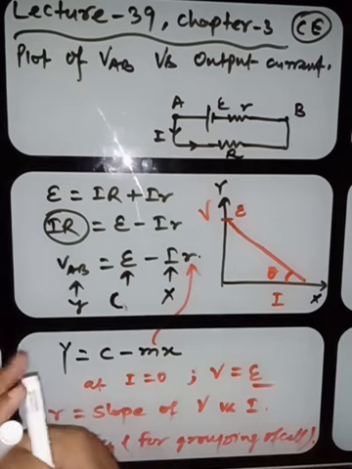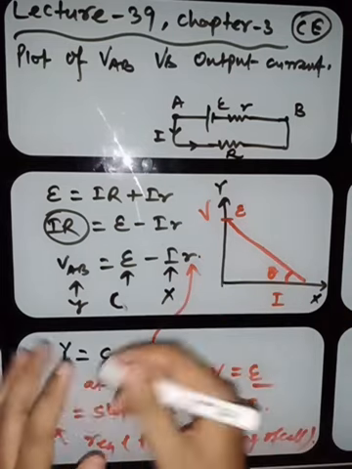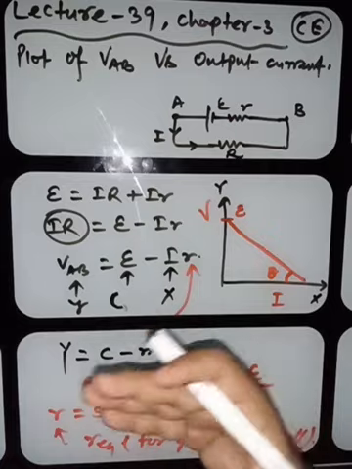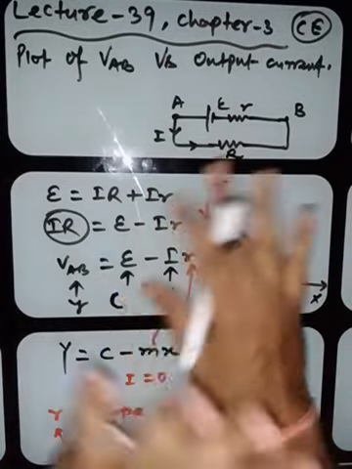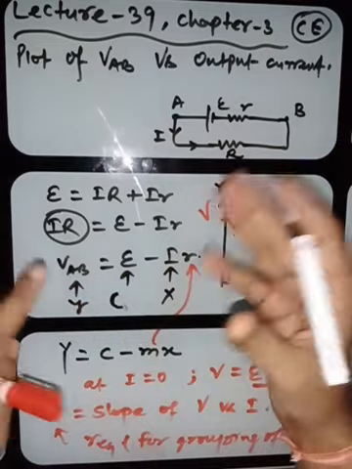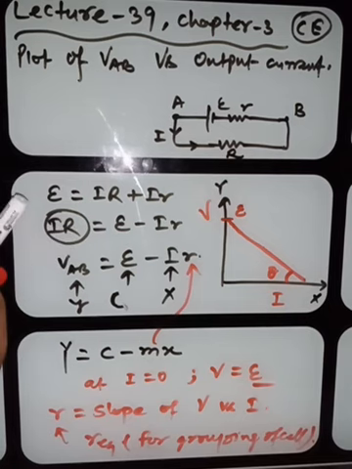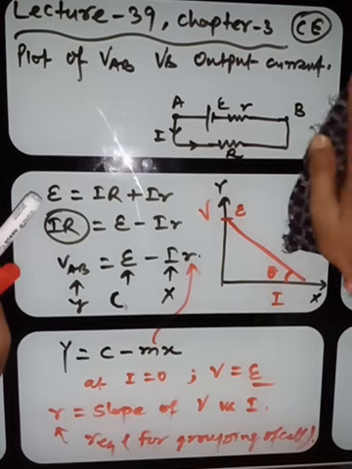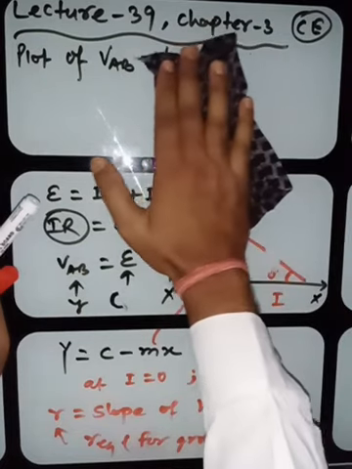Okay, my dear student, in this way you can find out the internal resistance and EMF of a cell. You can see the number of questions I have given in my assignment, you can solve the assignment. But today we will discuss a few more questions after the combination of cells. So we are moving to the next topic, the combination of cells, my dear student.